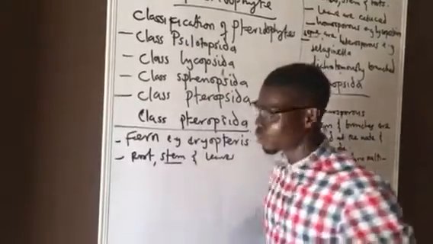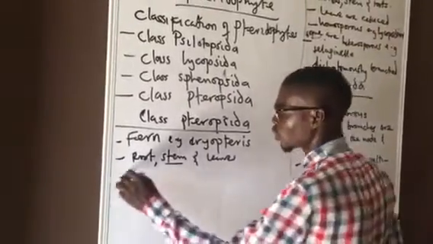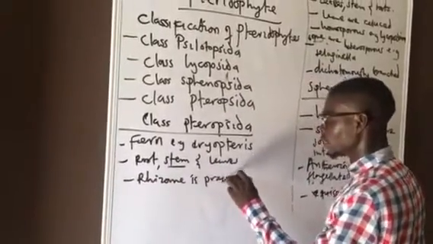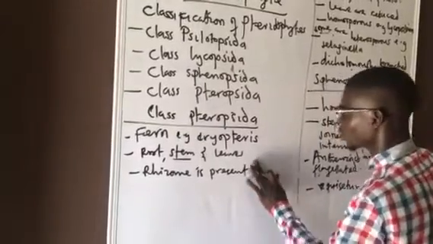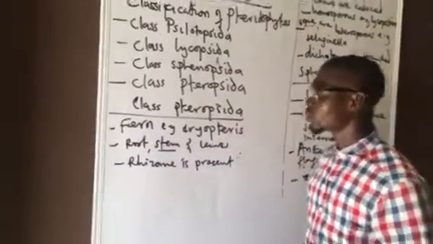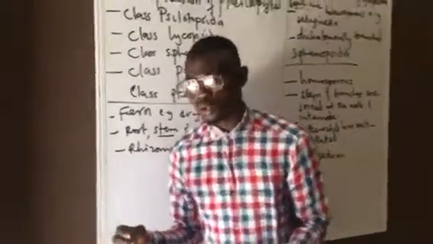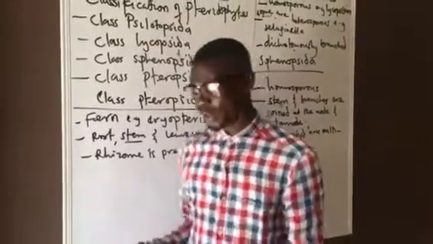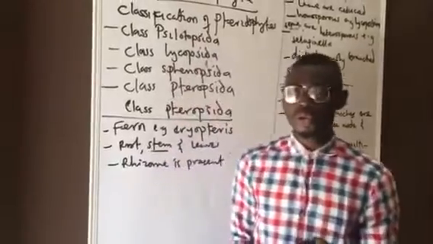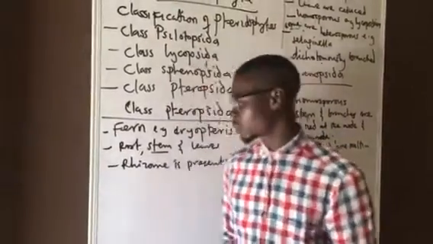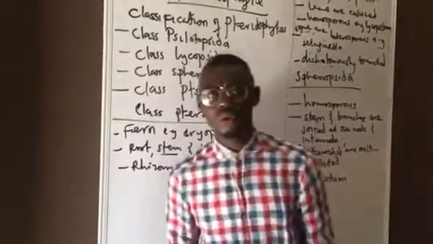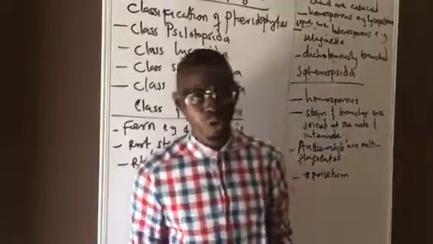Their stem is a horizontal stem, which is called a rhizome. So we also have rhizoids, which are born on the rhizome. These rhizoids are for attachment to the soil, and they also serve as means for absorption of water.